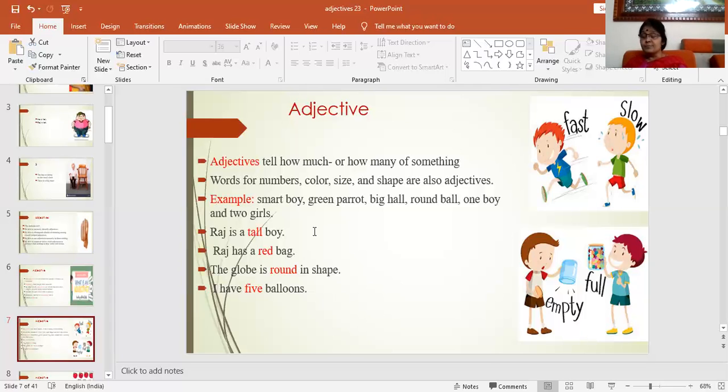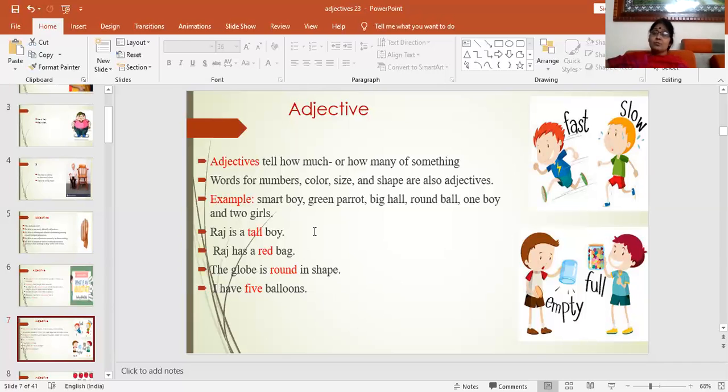So these examples tell us that adjectives tell us how much or how many of something. It tells us words for numbers, color, size, shape, right? For example, smart boy, big ball, round ball, tall boy, 5 balloons.